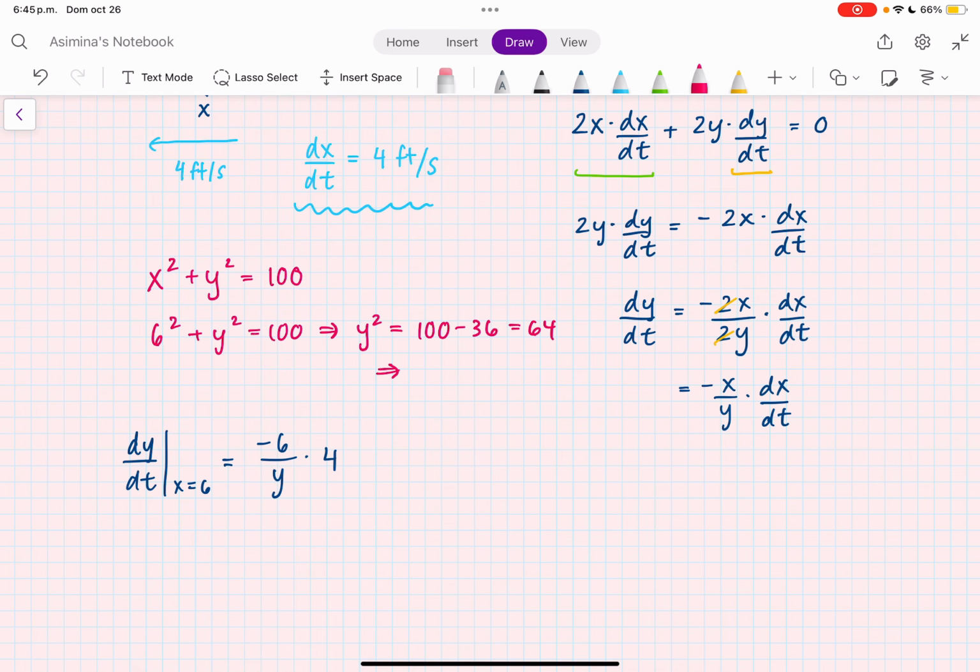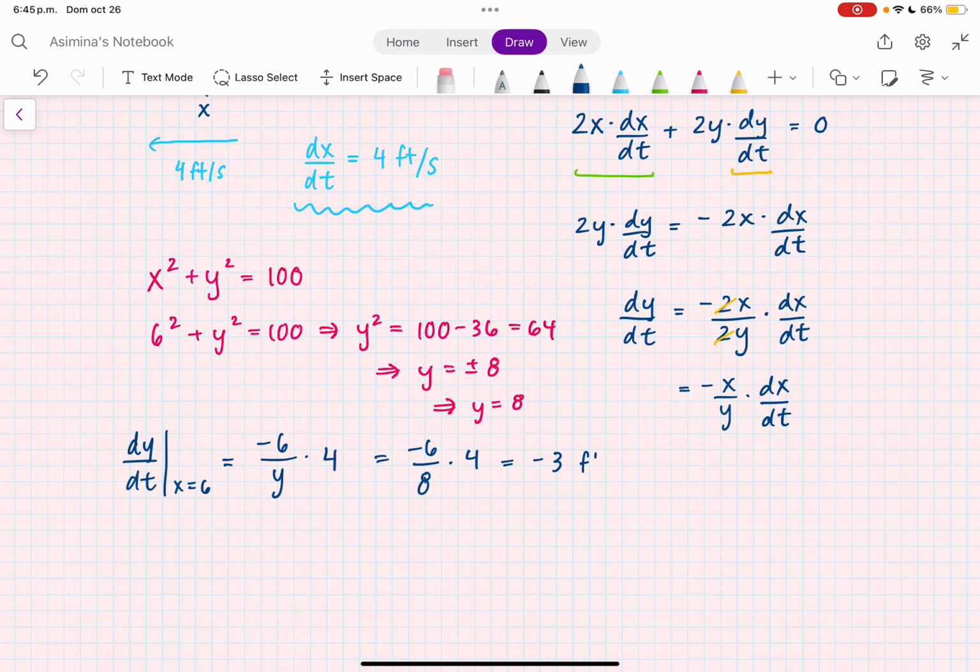So this tells me that y is plus or minus 8, but in this case we're only looking at positive values since we can't have minus 8 feet. So we get that y equals 8. So now I plug that in. I have minus 6 over 8 times 4. This is minus 3. So what is this telling me?